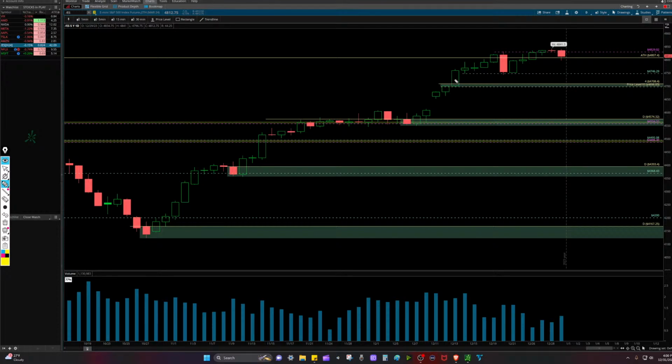So the first time it came, broke above, rejected pretty hard, found support at 4745 and retested that level again, closed above that level, and now it looks like it is trying to find support on the previous all-time high, right?